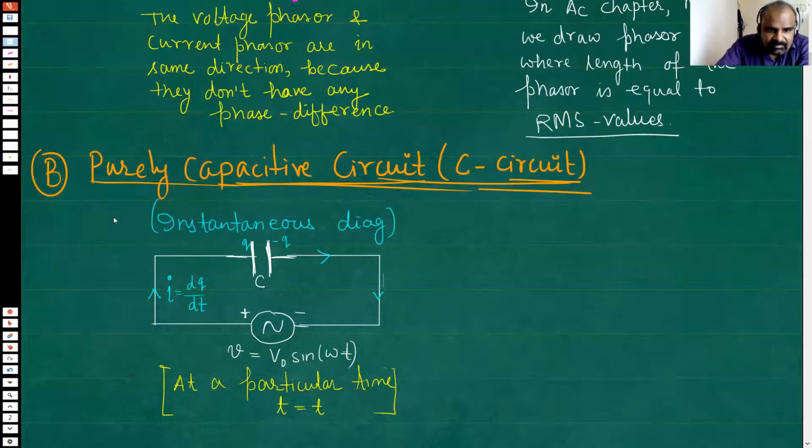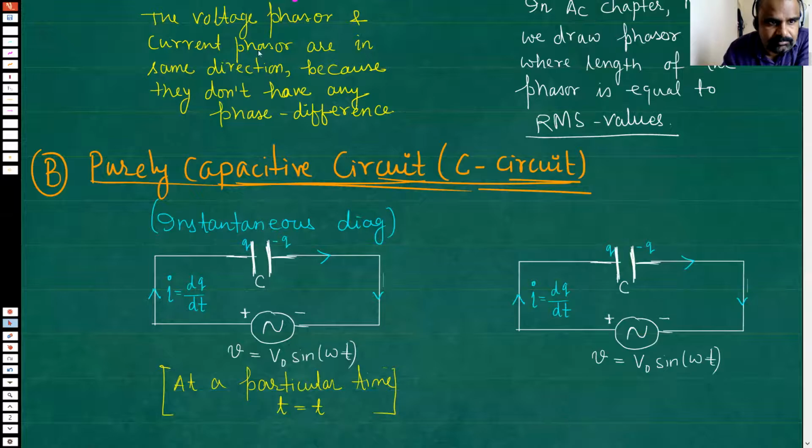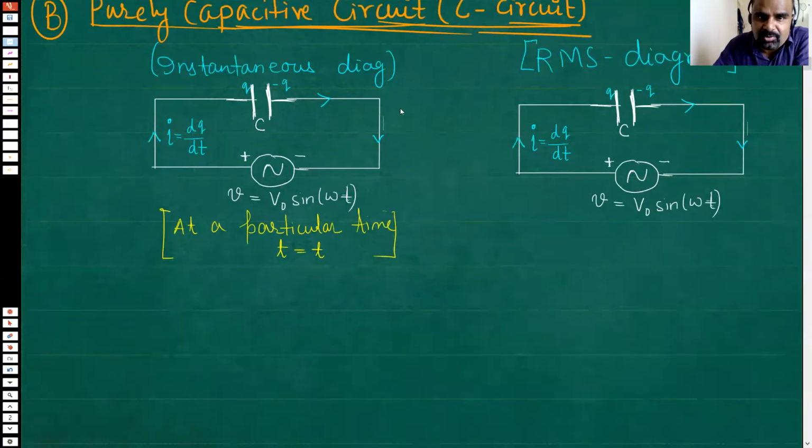Now let me draw the same diagram, because as I said, two types of diagrams are drawn. This will be the RMS diagram. Is the RMS diagram also a snapshot, a photo? No, not at all. So here there are many things I have to delete.